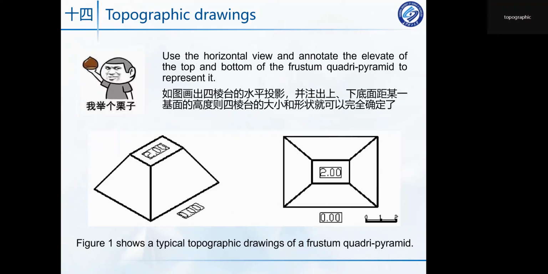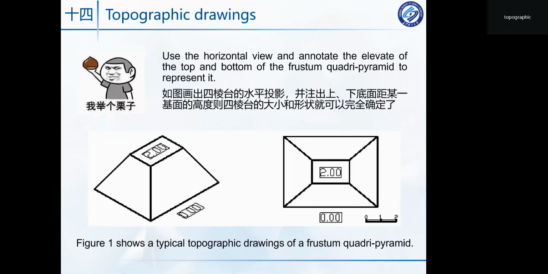So how can we get the height of this quadrilateral pyramid? Now we have to use the elevation. This one means this plane is at an elevation of 2 meters, and here is the zero elevation.